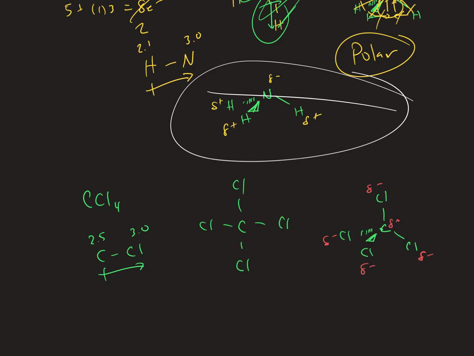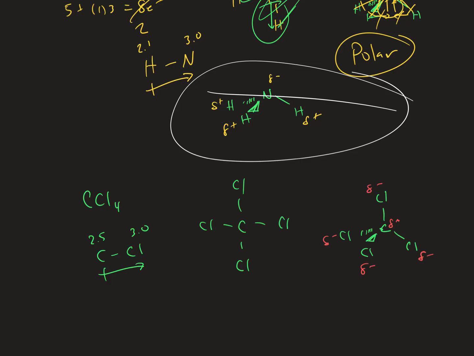This is a polar bond, but can we draw a line separating the positives from the negatives? Where? I can't. There's nowhere we can draw this. And you have to remember this is a three-dimensional object. So even though I can draw two-dimensional lines, you have to be able to see this in your brain as well.